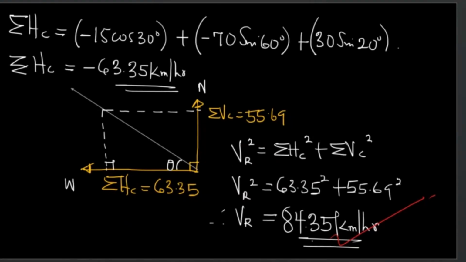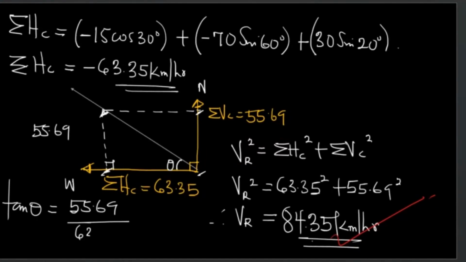And if we're using that angle, of course, because this line and this line are parallel, it is going to be 55.69. This line, the distance from here to here. And then the horizontal one still remains. And then we are going to use tan. It's going to be tan theta. The opposite is what? 55.69 divided by what? 63 point what? 35.